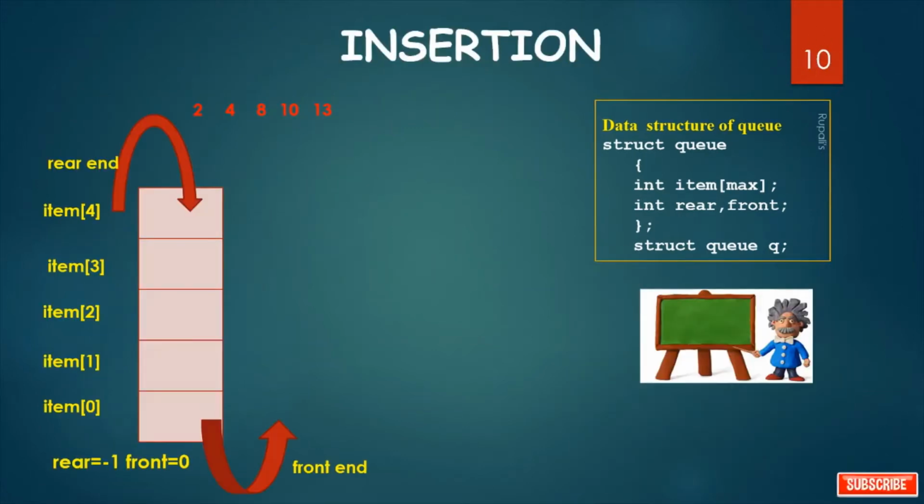Insertion. I want to insert some integer element into this queue. Which one is our inserting end? Rear end. Through this end, we want to insert. Initially rear equals -1 when the queue is empty. Now we want to insert 2 here.